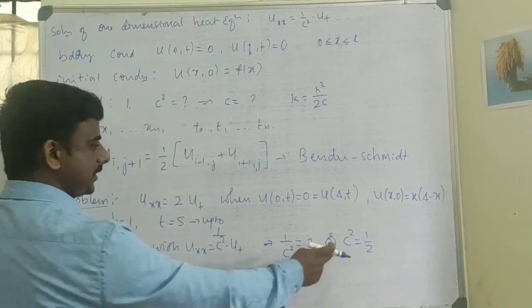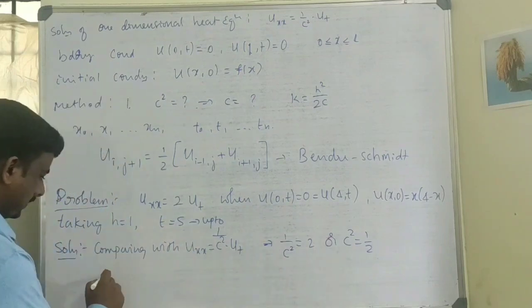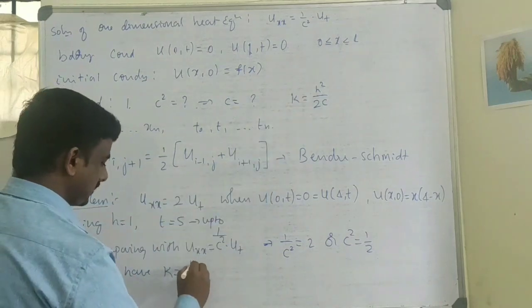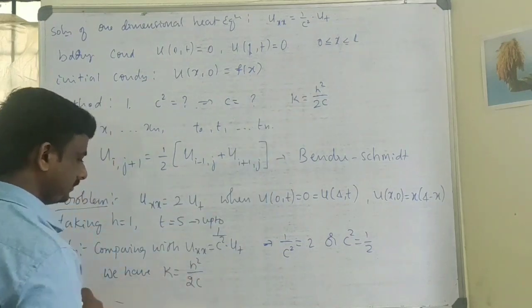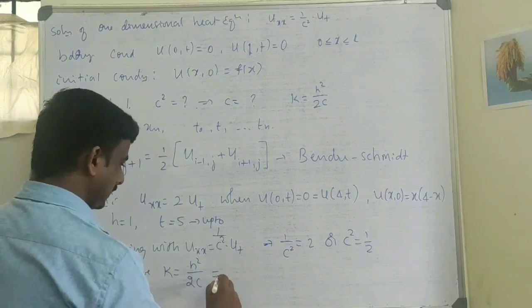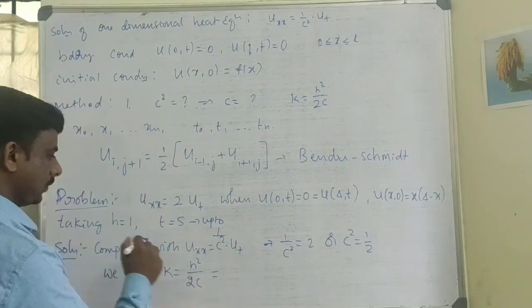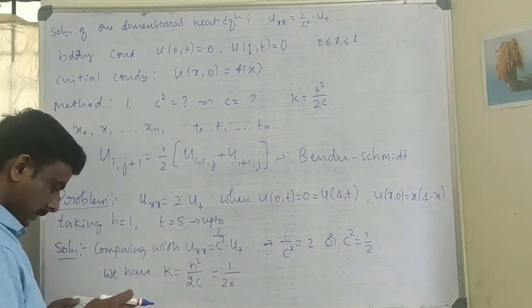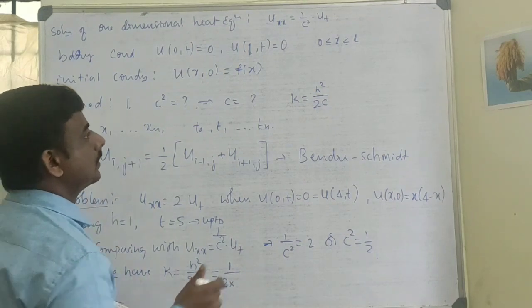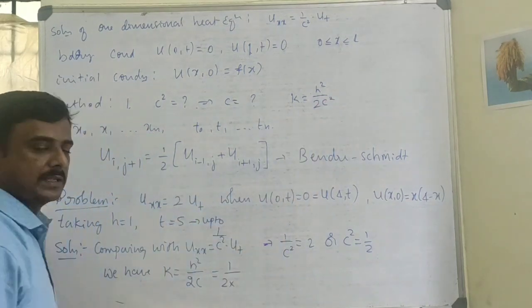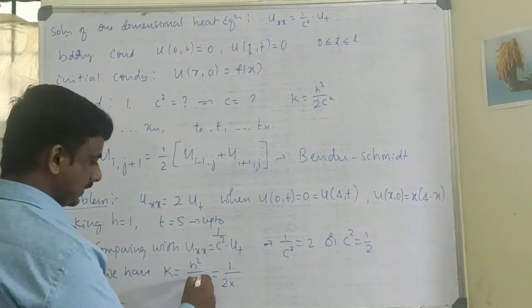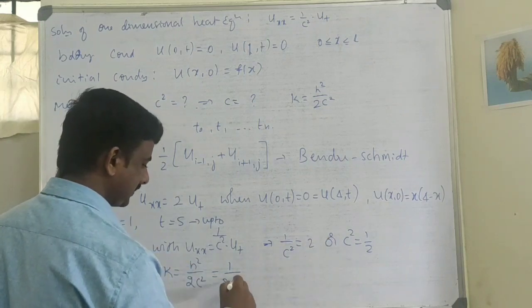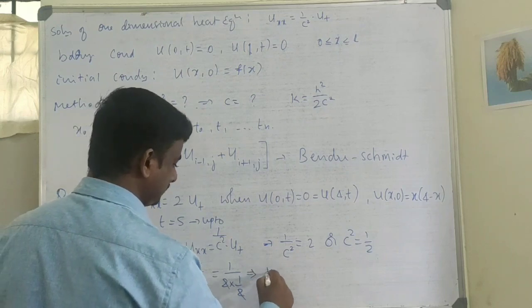Now substituting this in the formula, we have k equal to h square by 2c square. H is 1, divided by 2 into 1 by 2. So I got k equal to 1.